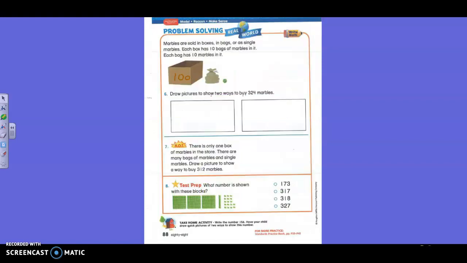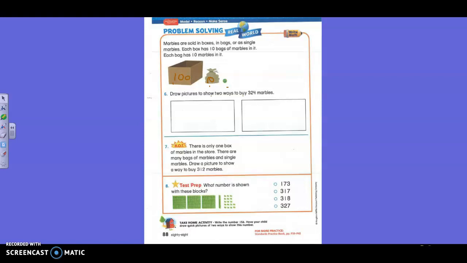Okay, if each box holds 10 bags, each bag has 10 marbles in it. If you had 10 bags, that would be 100. Does that make sense? Yes. So each box is 100, each bag is 10, and each little marble by itself is 1. It's the ones. So, draw a picture to show a way to buy 324 marbles.